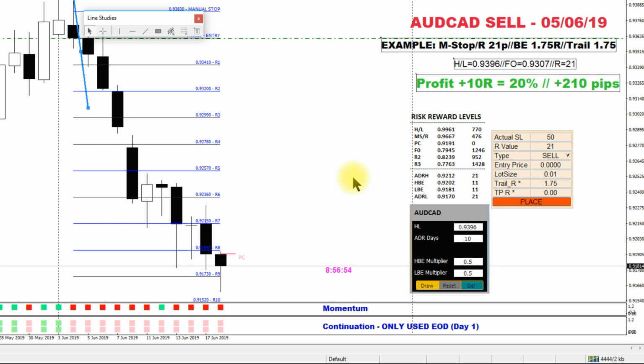See the flicker of the green telling us that the momentum is slowing. So as we come toward the end of the day, you have another decision to make.